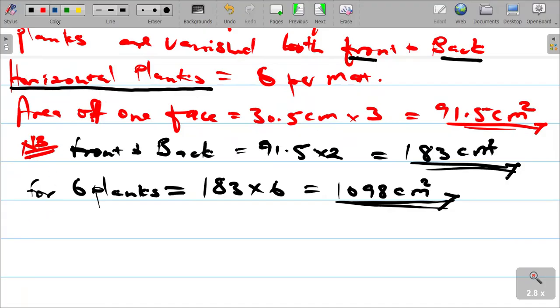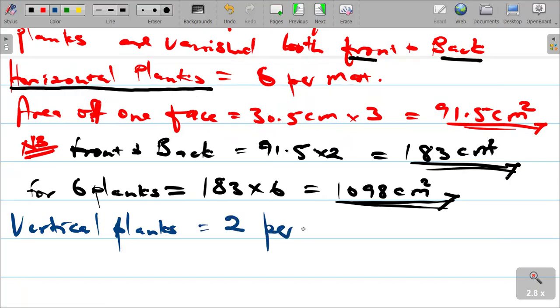The vertical planks, which we said are 2 per mat, as we are given in this question. Two planks are put as vertical planks.